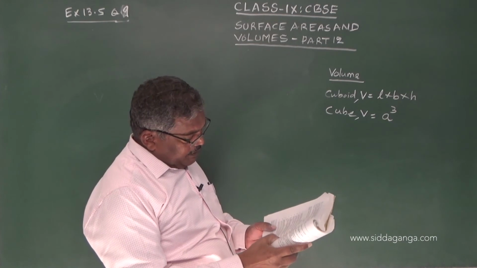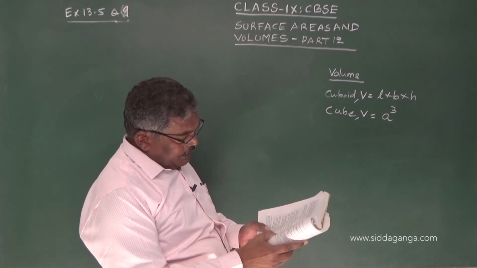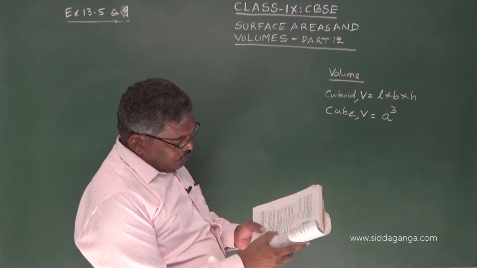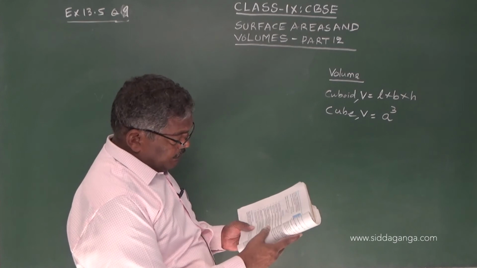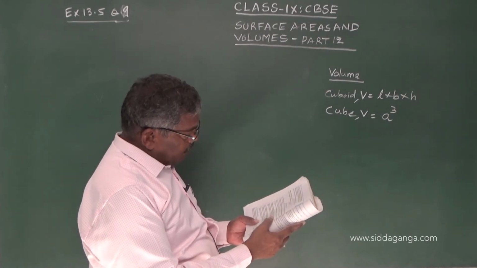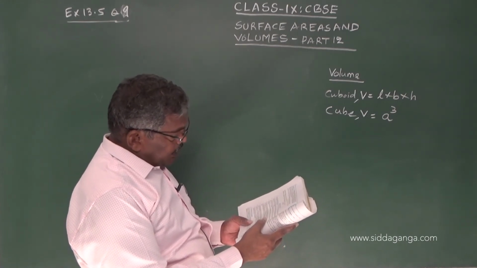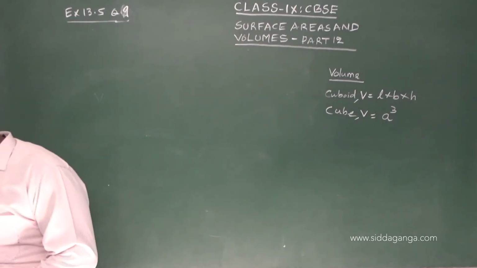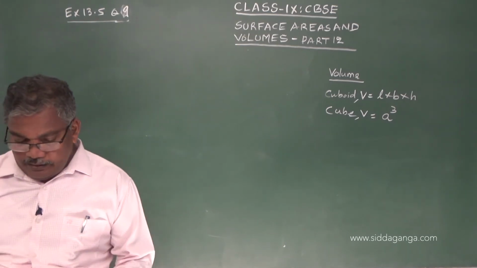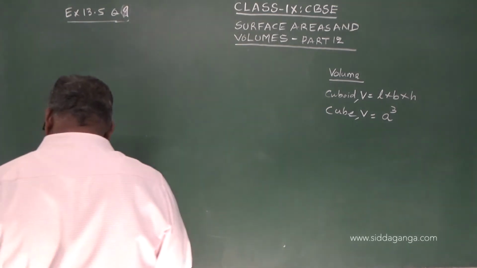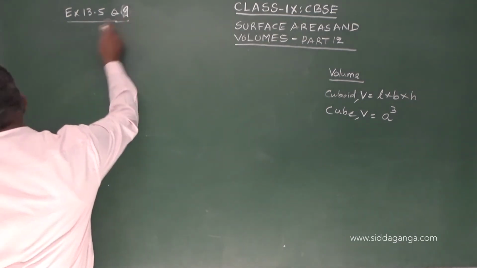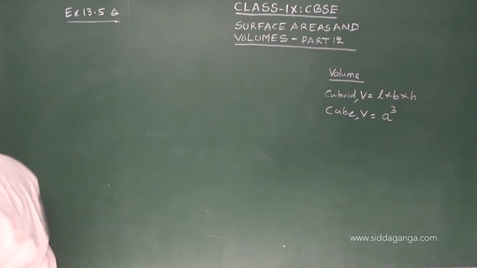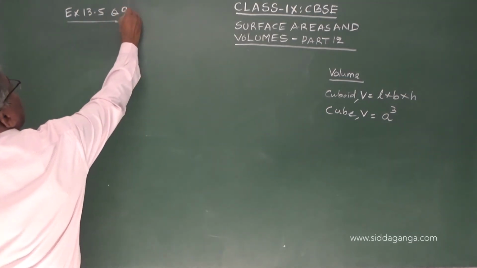A river 3 meter deep and 40 meter wide is flowing at the rate of 2 kilometer per hour. How much water will fall into the sea in a minute? In a minute. So, what is given here?